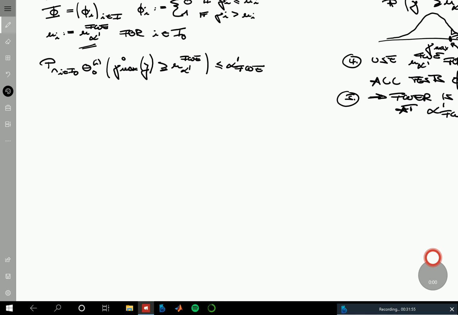Now the family-wise error rate we've seen already is this. That's the probability over all true null hypotheses for the test to come out 1. So this is just the family-wise error rate.